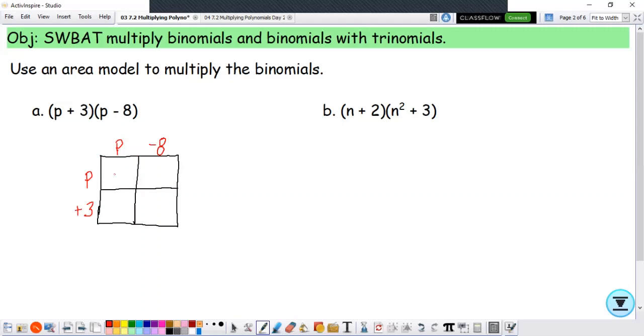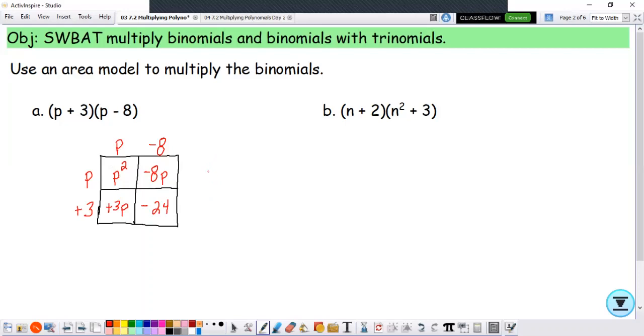So p times p is p squared. P times negative 8 is minus 8p. 3 times p is positive 3p. 3 times negative 8 is negative 24.